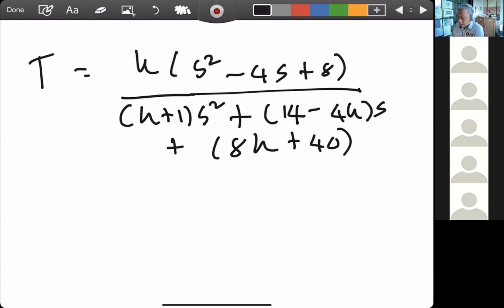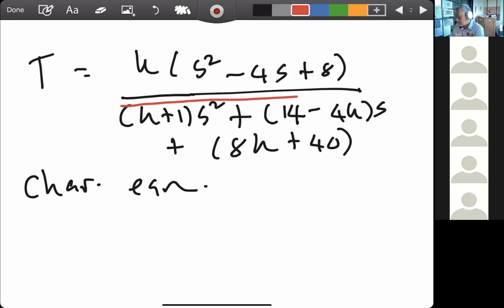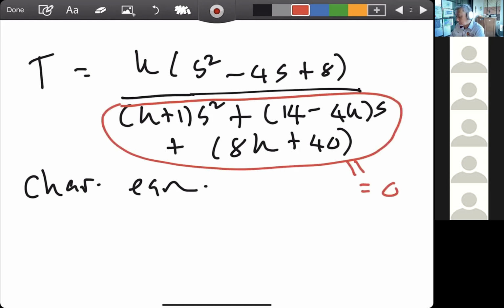Shahin, what is the characteristic equation? Yang ni lah. The bottom part equal to 0 is the characteristic equation.